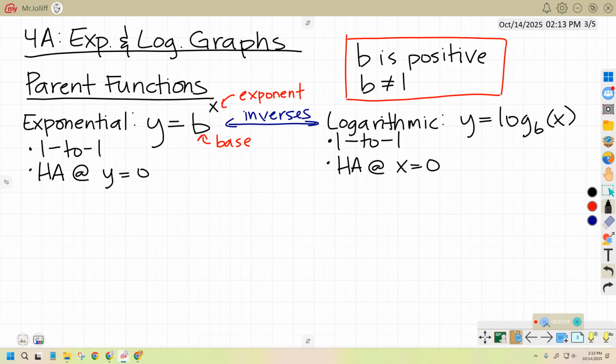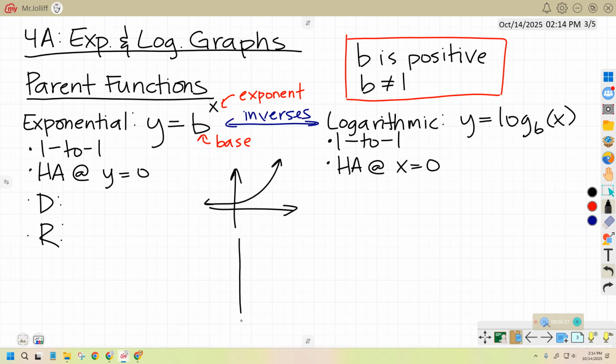Next, we're going to look at domain and range. And we've probably seen exponential functions before. A quick sketch. I know exponential growth looks like this.